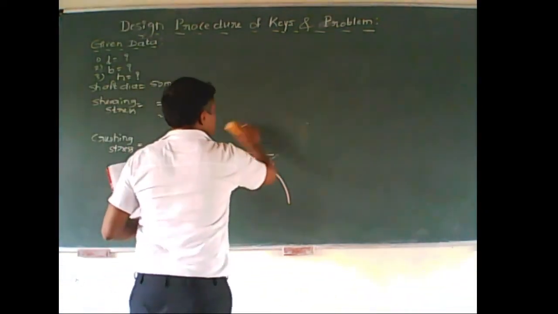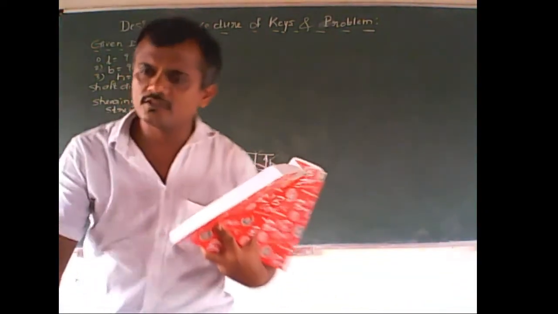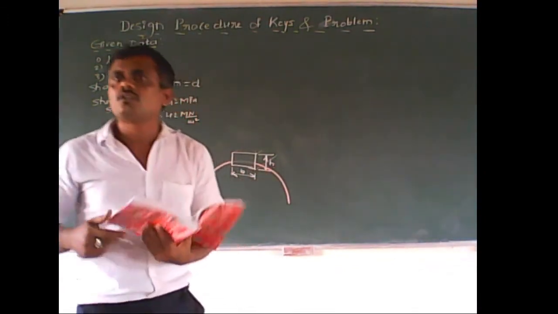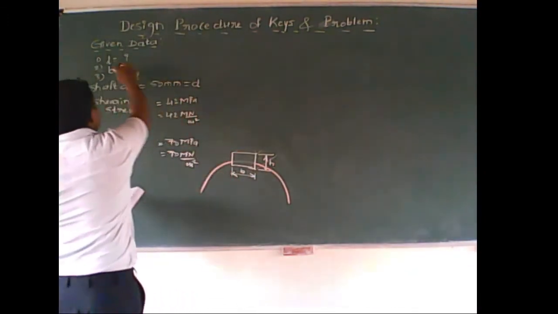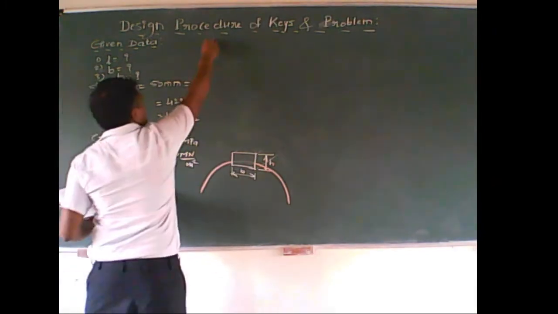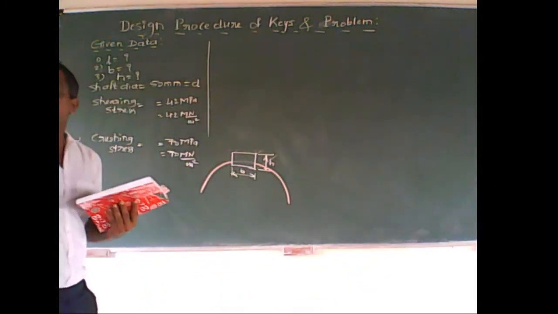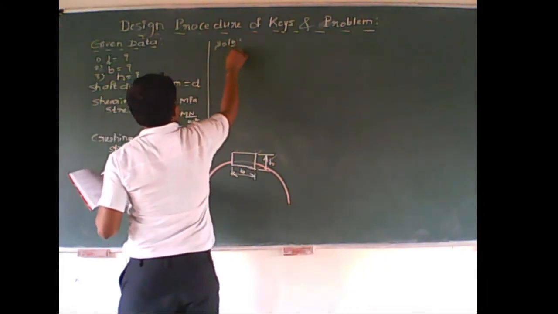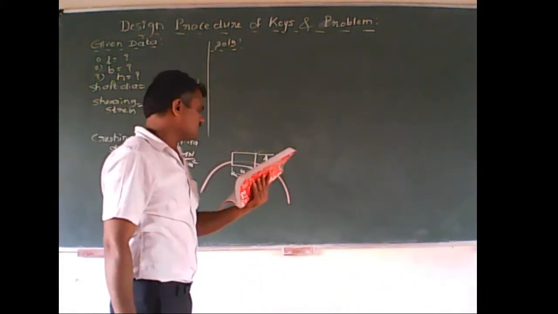So let me erase this part, because I need to cover the problems in this area only. First we will try to determine the length of a key. So straight away I will go for the solution part. What equation can I use?